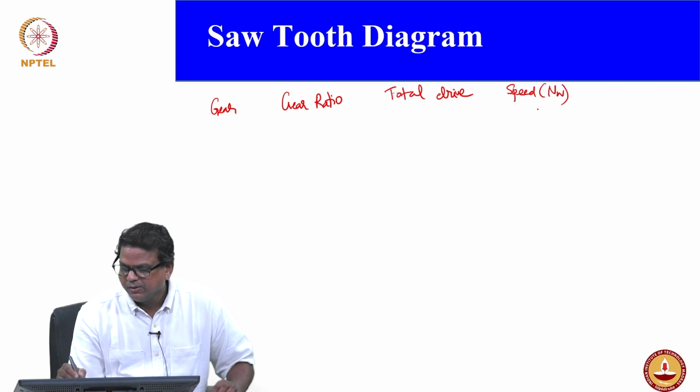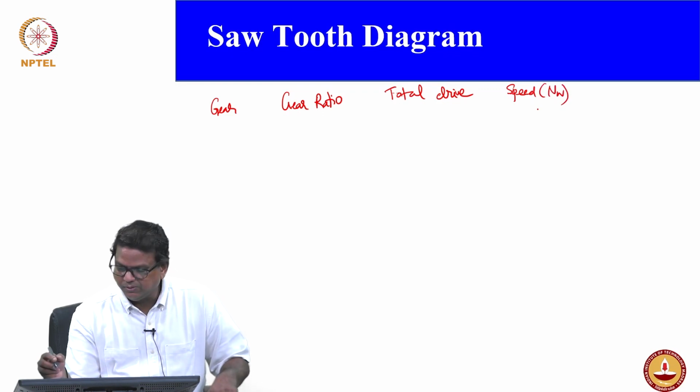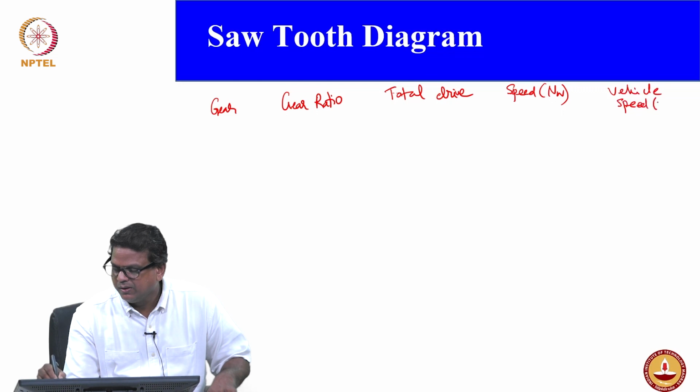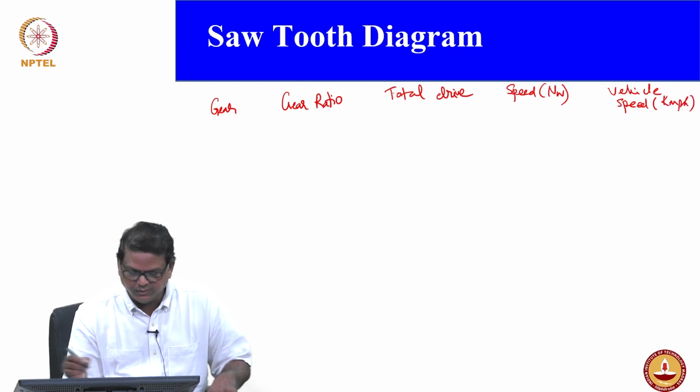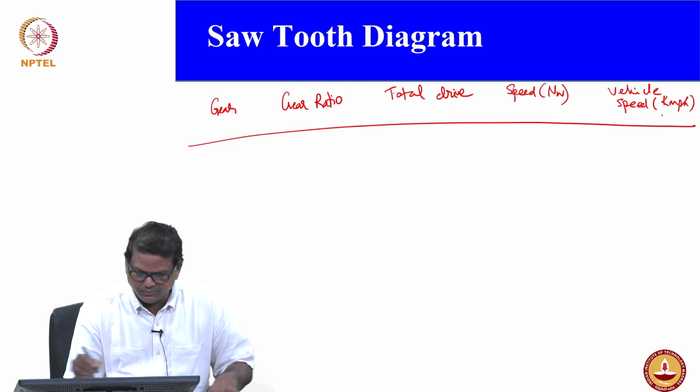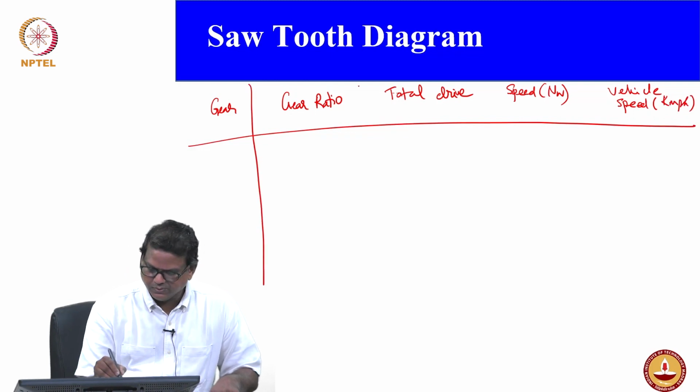Then finally, I need to know the vehicle speed in kilometer per hour. So, this is the table, we are going to sort it out one by one.